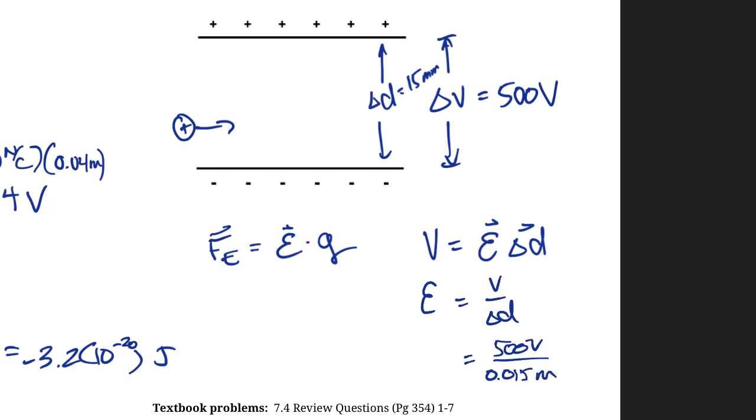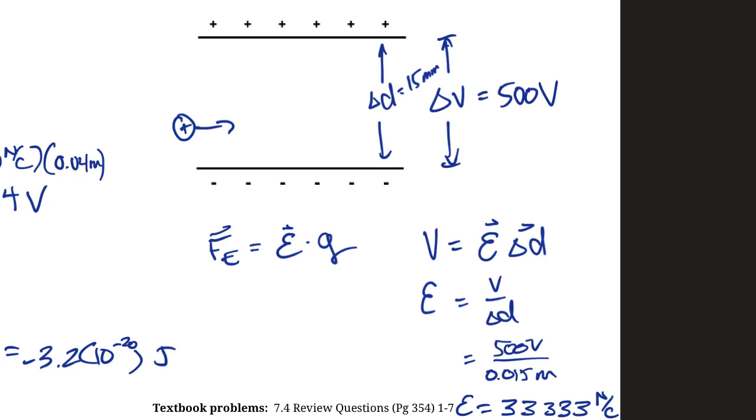And we get the field strength is 500 divided by 0.015, which is 33,333. So let's just carry all those significant digits for now. And that again is newtons per coulomb. That's our field strength.